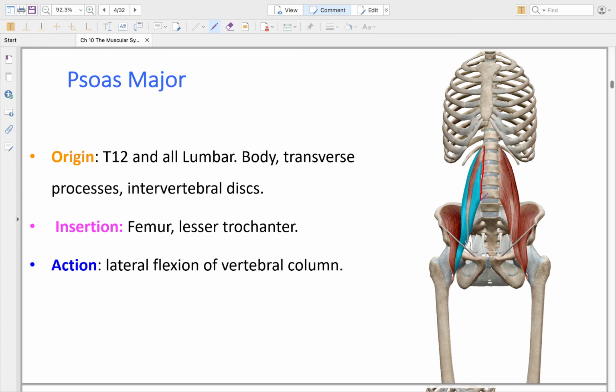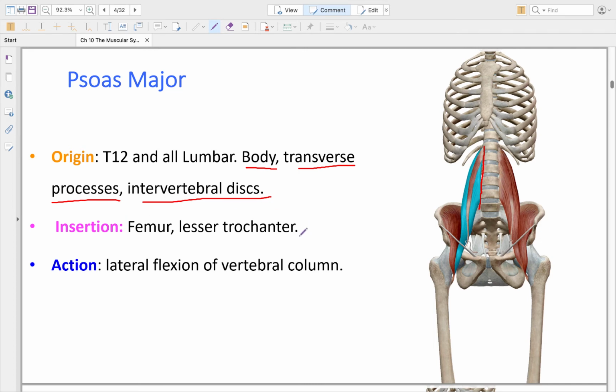The next one is called psoas major, and the origin is going to be along all of the lumbar vertebrae, and it starts at T12, which is the lowest thoracic vertebra. Technically, the actual origin is on all of these vertebrae, on the body, the transverse processes, and the intervertebral discs of T12 and all of the lumbar, 1 through 5.